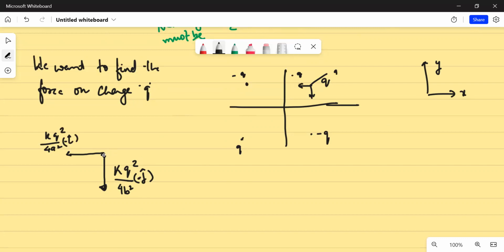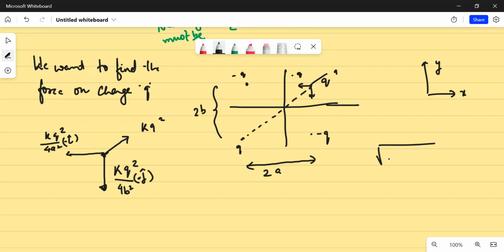Another force it will be subjected to will be in this direction. This will be KQ square, and if this is, let's say, 2B, and this is 2A, then this distance would be root over (2A) whole square plus (2B) square.